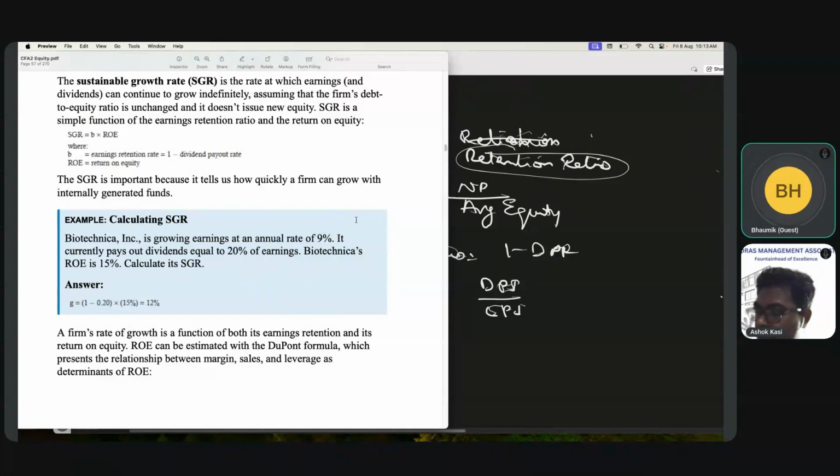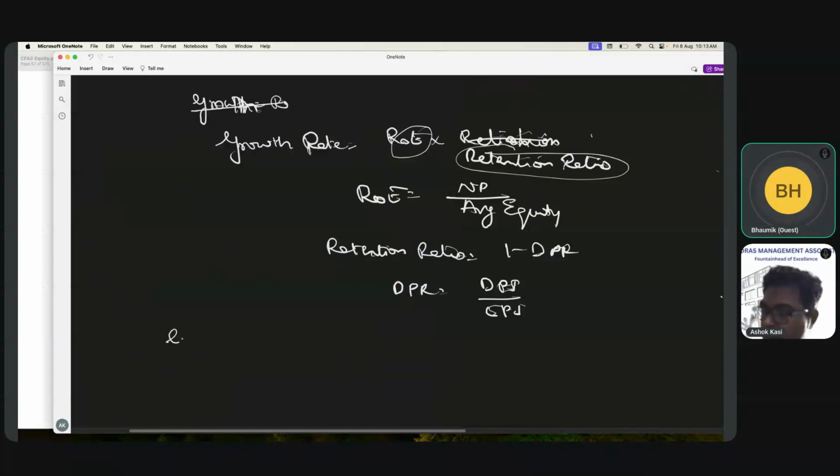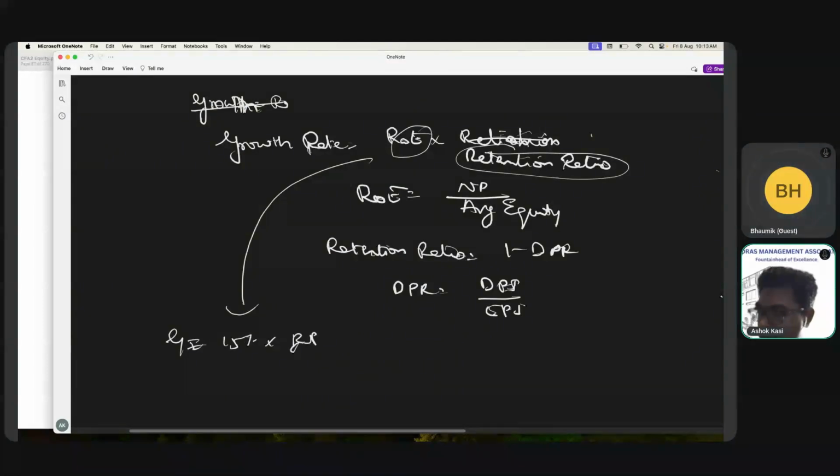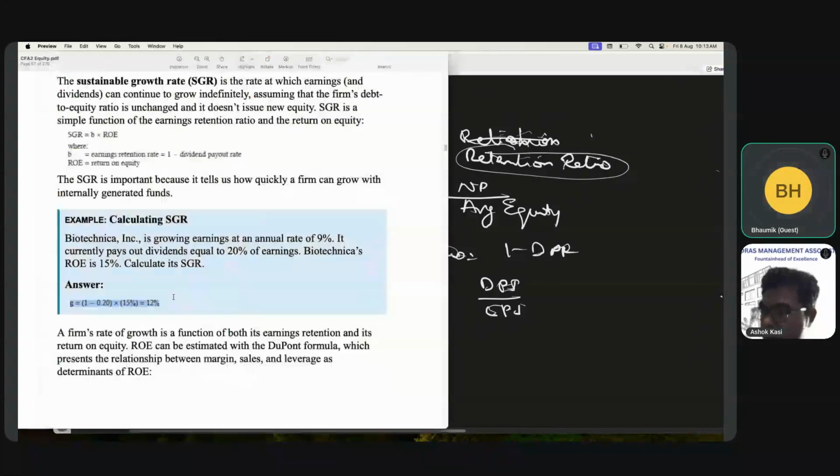So that means retention ratio is 80 percentage. So growth is equal to 15 percentage into 80 percentage. Sorry, it's 12 percentage. That is the growth.